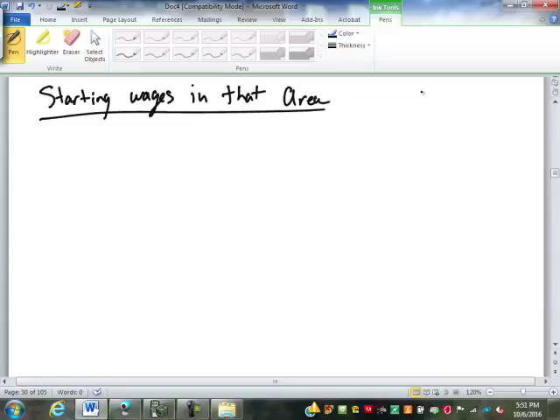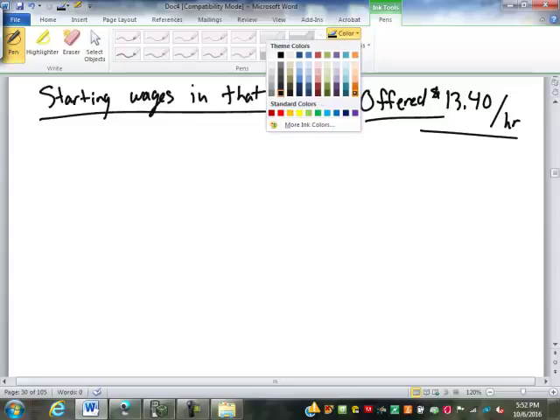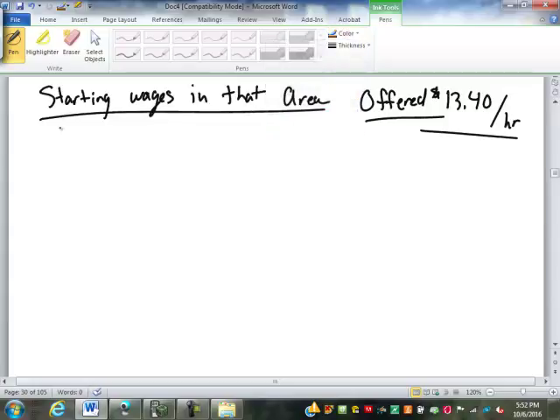You have been offered $13.40 per hour. You're not sure whether that is a good offer or not. So let's say that we look at the mean and the standard deviation.